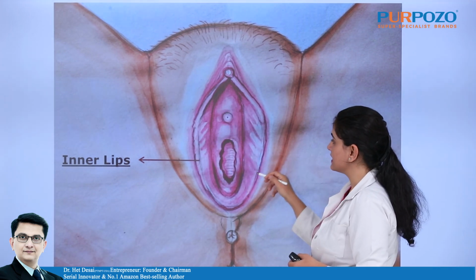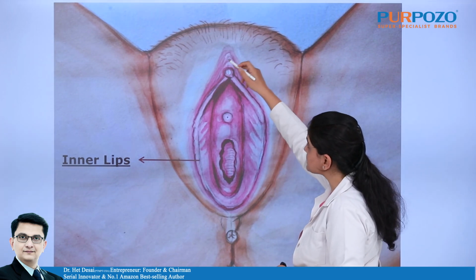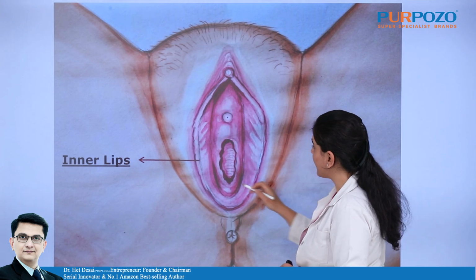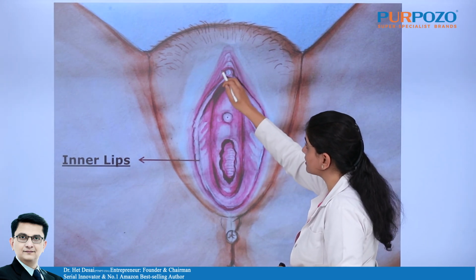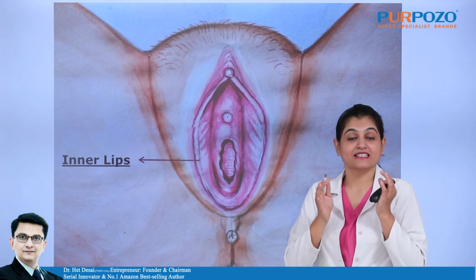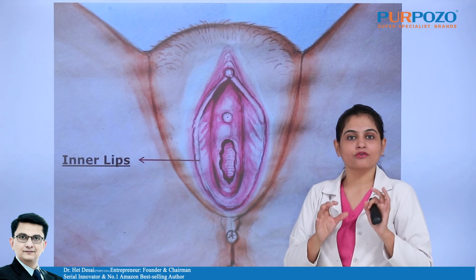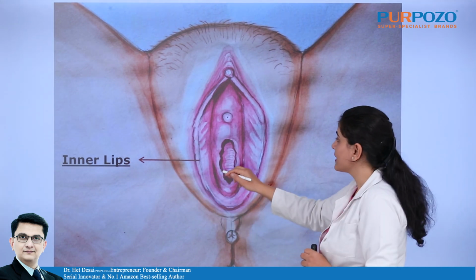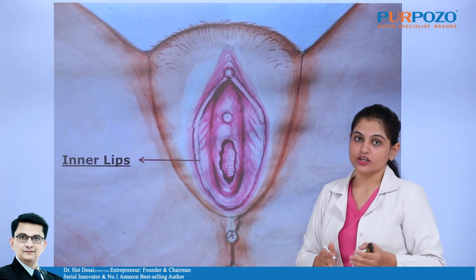Both these lips will meet at the center to form the clitoral hood. We will discuss the clitoris in detail, but for now, the inner lips form the hood of the clitoris.